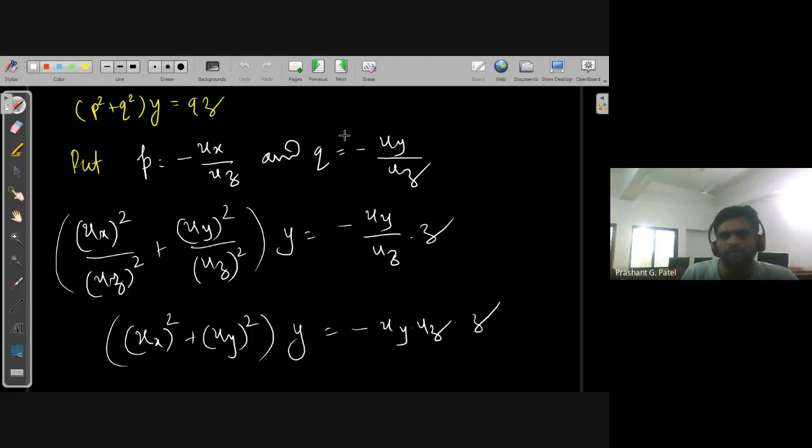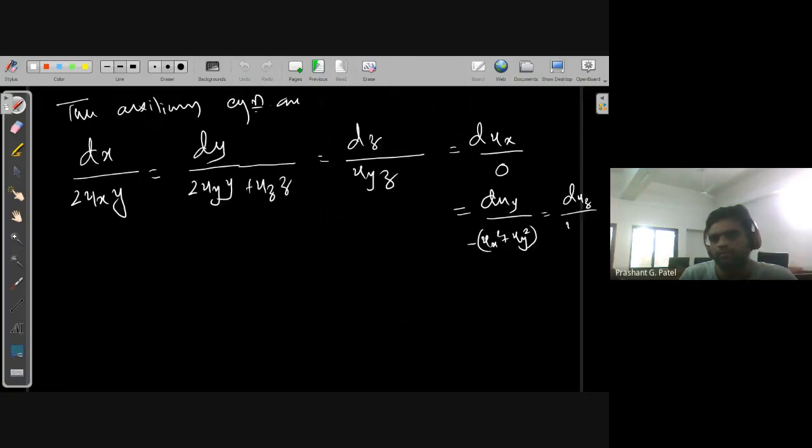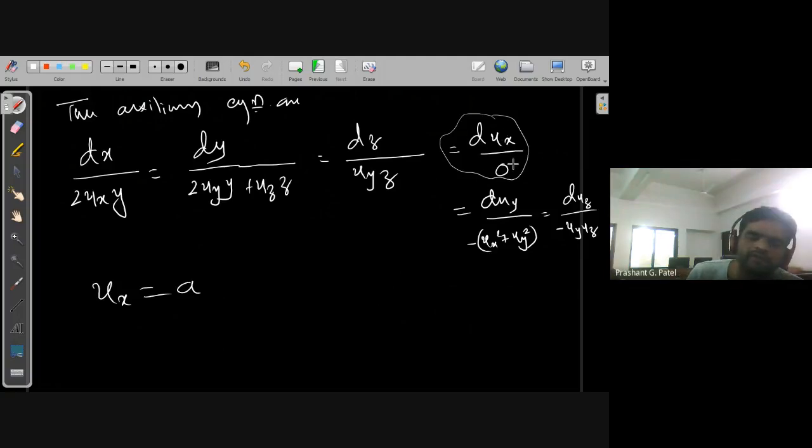If I take this on the other side, that is ux into uy into uz, with a minus sign. So this is the first thing which we got from here: ux is constant, because dux upon 0 is there. So a is constant here.